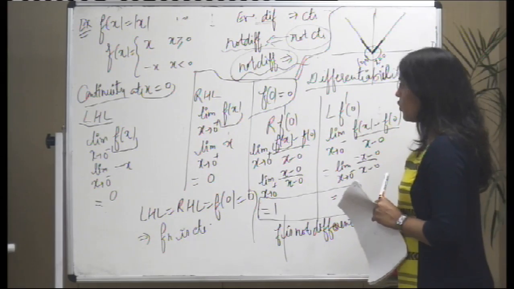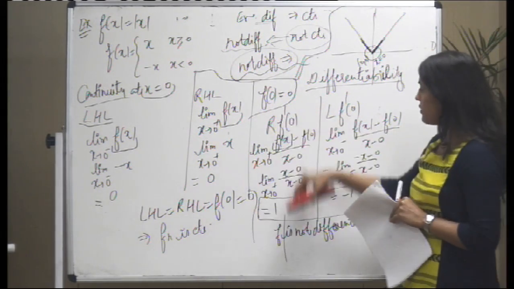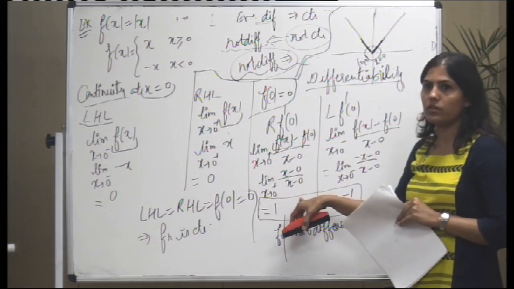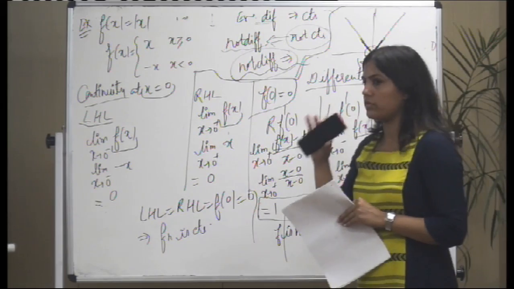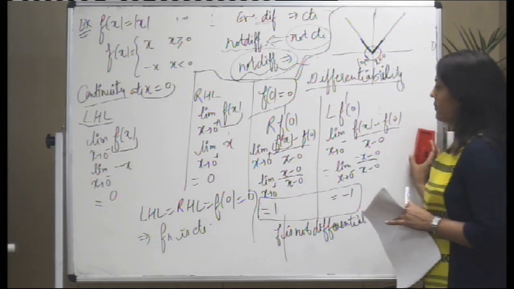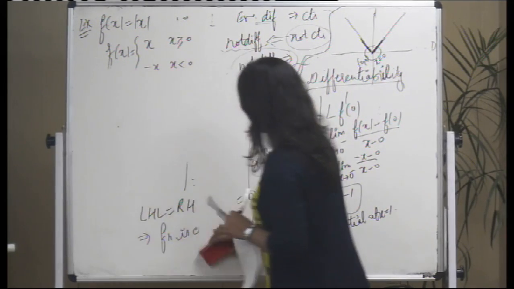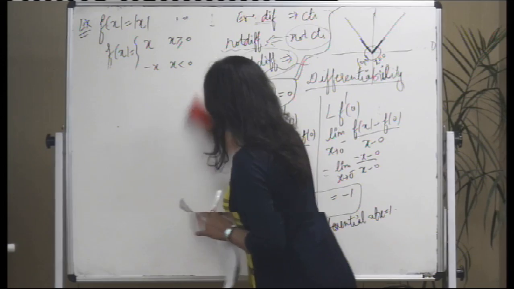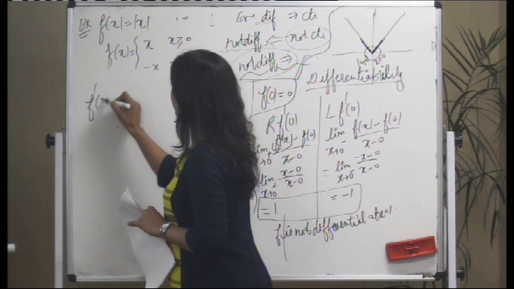Now I am telling you how to do direct calculation. I just checked the differentiability by this definition. Now I am telling you how to do direct calculation. Now for direct, f dash x.